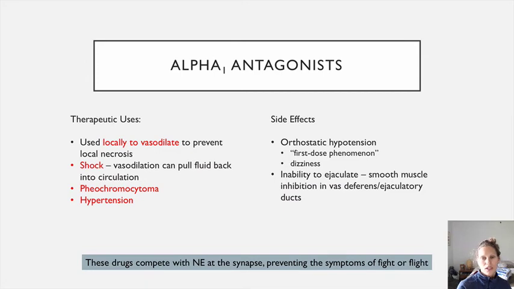And the reason for this is their smooth muscle inhibition at the vas deferens and the ejaculatory ducts. So that is something that would be good for people to know going into this. These drugs, of course, are going to compete with norepinephrine at the synapse, and therefore also inhibit the symptoms of fight or flight.